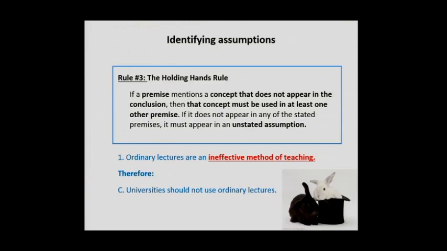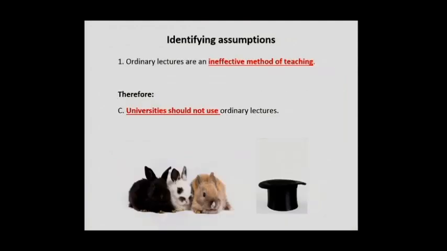Ineffective methods of teaching have dropped out, so that's the thing that needs to be restored. And then you just mark out any of those phrases that you've identified, and once you've done that, you can paste them together and get exactly what we've done.